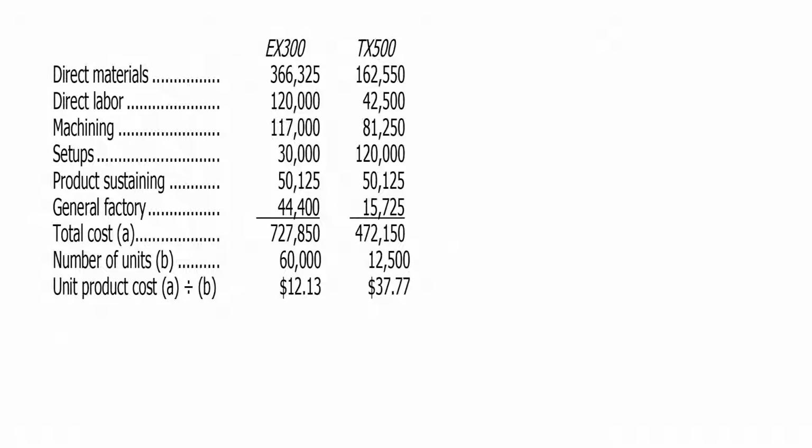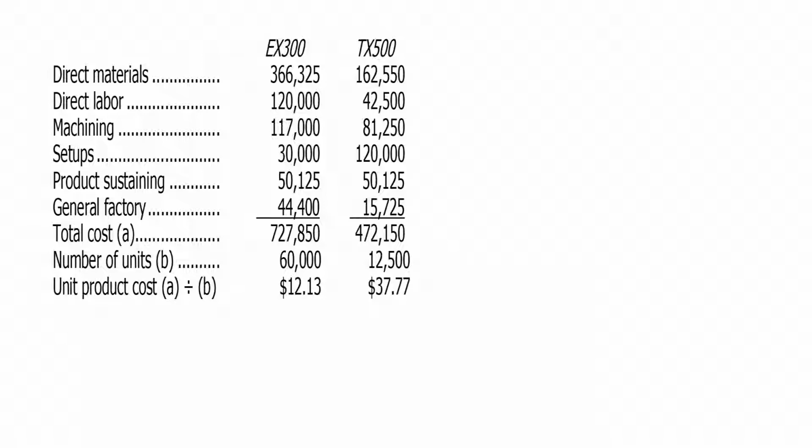Okay, the setups. We determined that the cost per setup is $400. There's 75 setups for the EX300, so $400 times 75, $30,000 is the total manufacturing overhead for the EX300 for that activity. Product sustaining, well, there's 1 product, and we already determined the activity rate to be $50,125 per product.